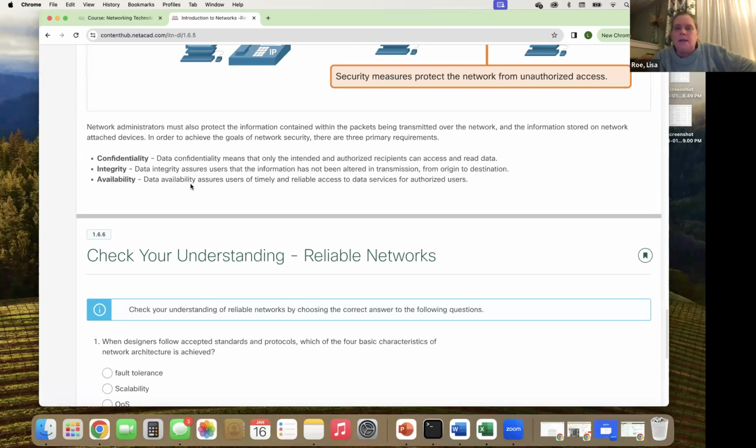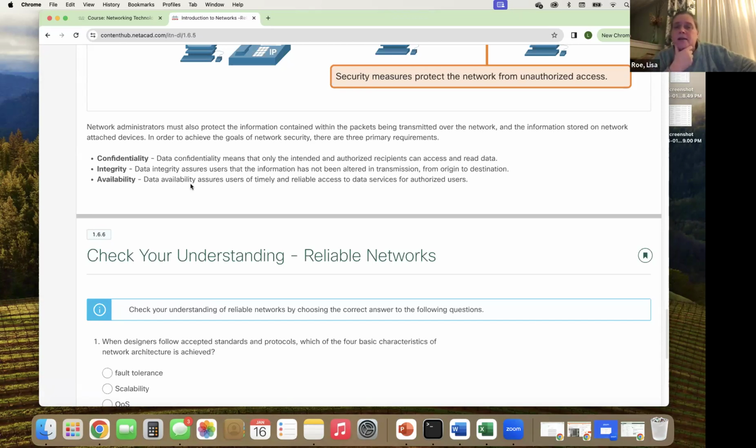And availability means you're up and available. We use what's called the five nines, 99.999% of the time. We want our data to be available when it's supposed to be. If you're flying on a plane and the traffic control system goes down, that's not a good thing. That means planes don't know who's controlling the airspace.